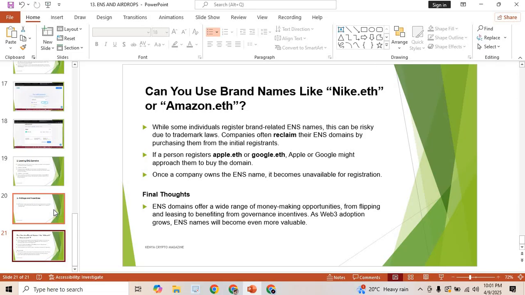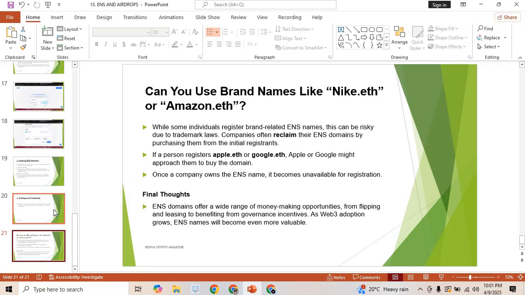So basically, these ENS names will work the same as the traditional domain system, but with more perks. I can receive crypto through it. I can send money through it. All those advantages that you've seen about using ENS. The only difference is that the traditional domain name just changes my IP address to a simple name like KenyaCryptoMagazine.com for people to access my website.